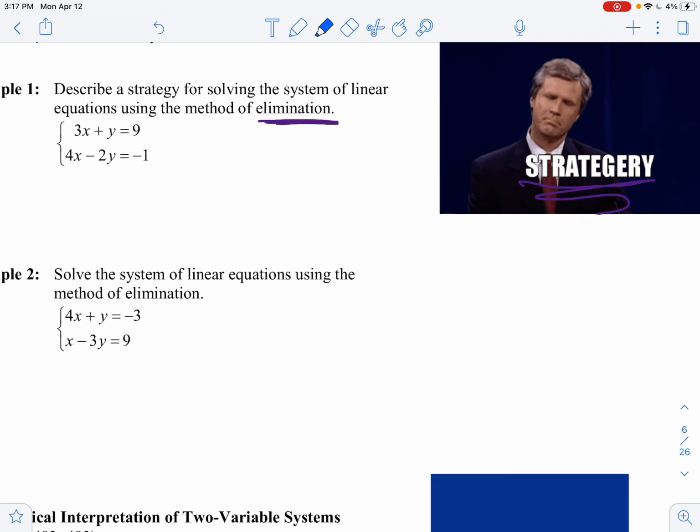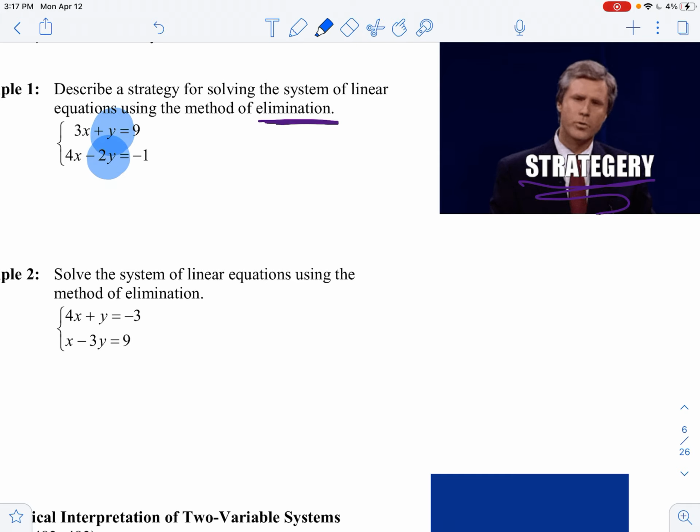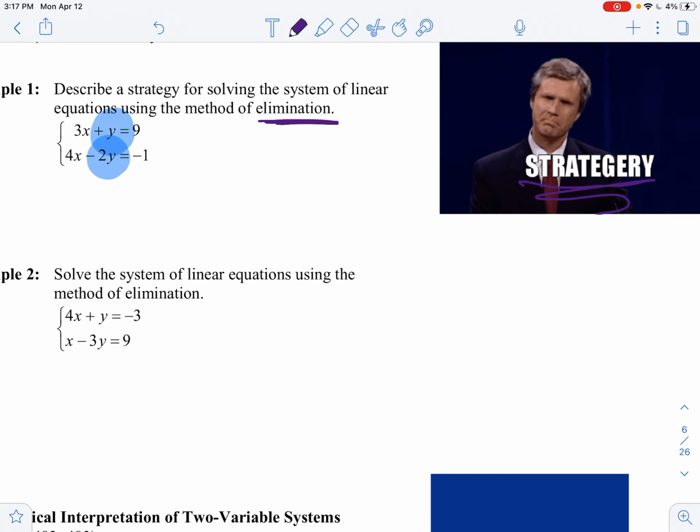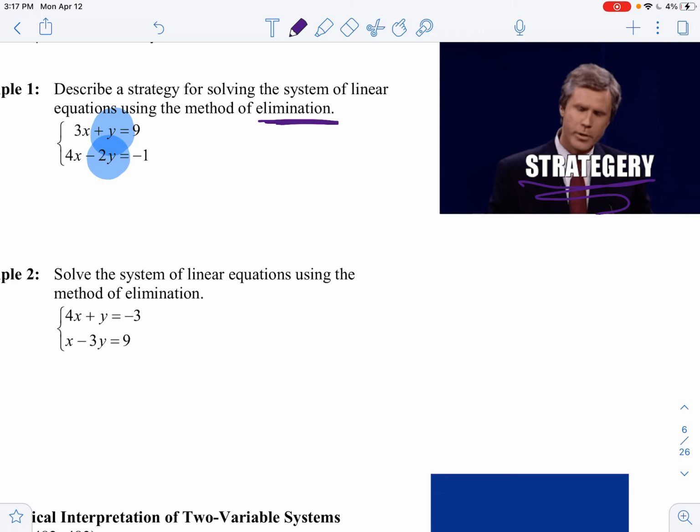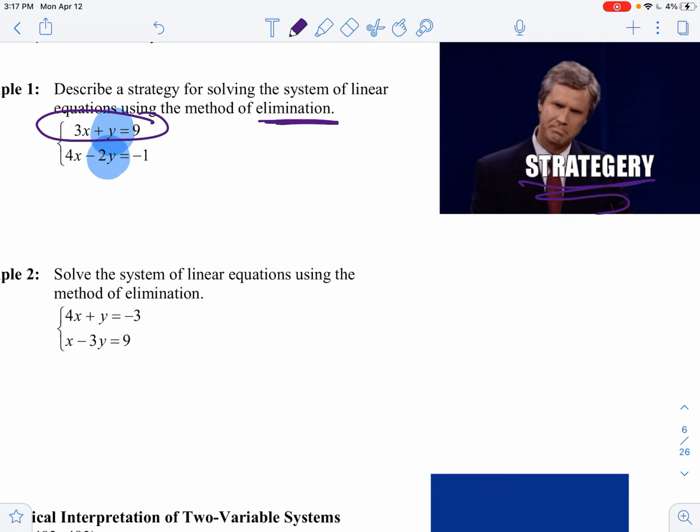To me, these y's look like they're going to be the easiest, because if I want to make the y's the same, I would just need to multiply the top equation by 2. That would give me a 2y, while the bottom one has a negative 2y.